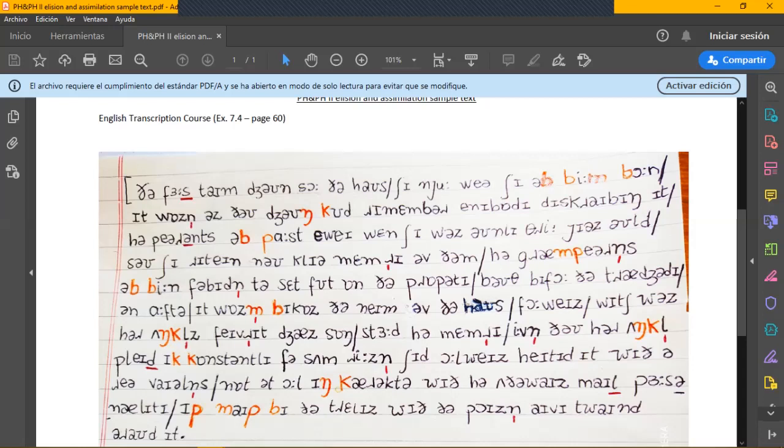So this is more or less how you would analyze the following text that I will give you as examples. Remember that you have to do this as a written practice of transcription, but also try to do it always orally.